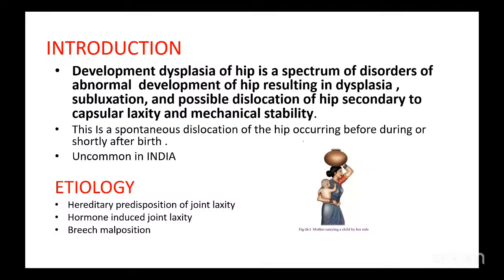Here, the spectrum of disorder consists of abnormal development of the hip, resulting in either dysplasia, subluxation, possible dislocation or definitive dislocation, secondary to capsular laxity and mechanical instability.